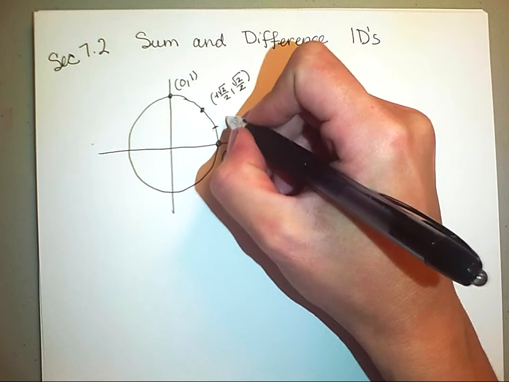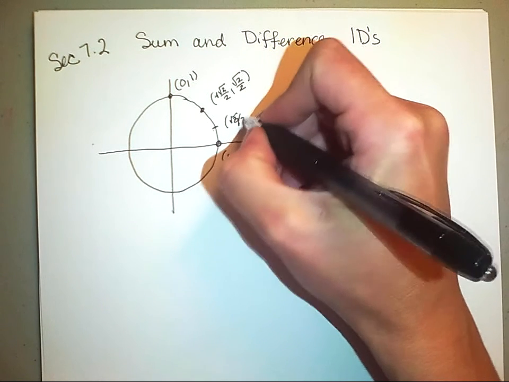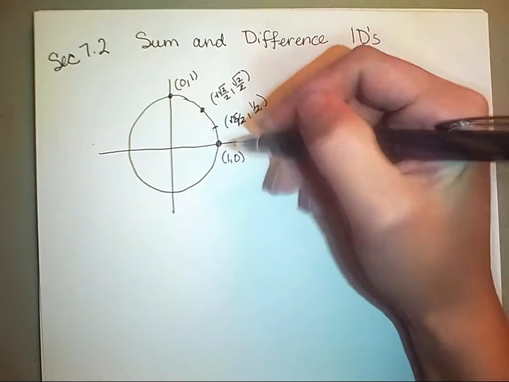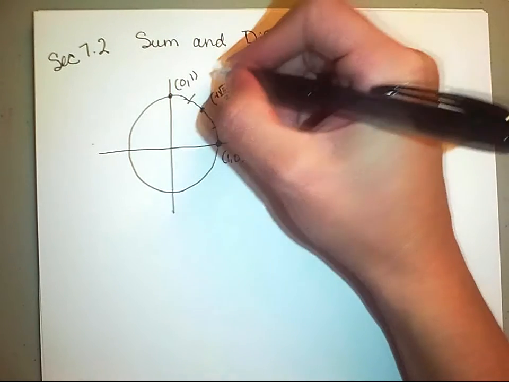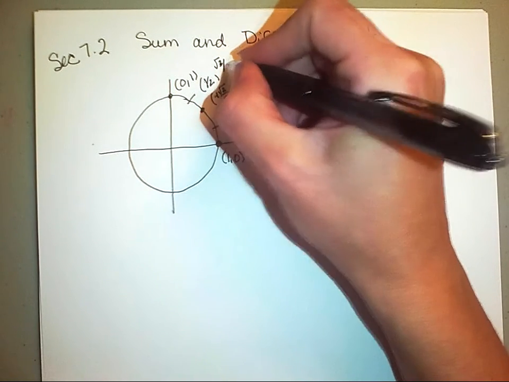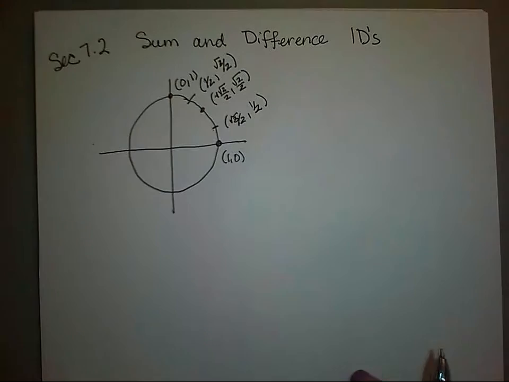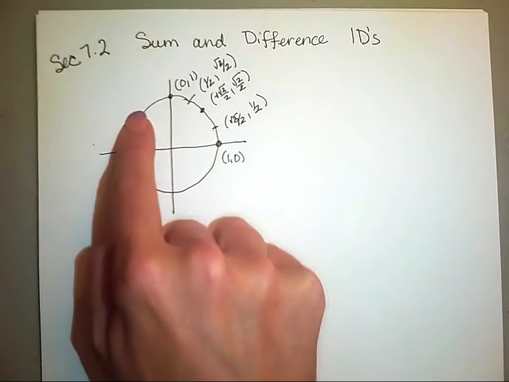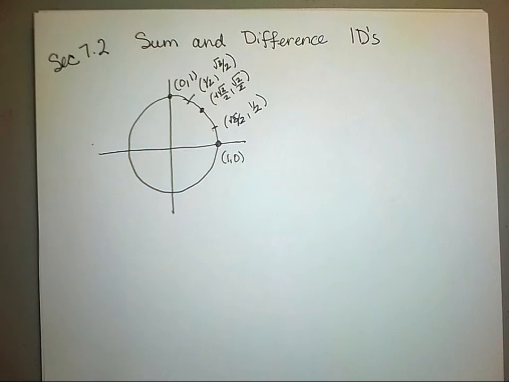We also have square roots of 3 over 2, 1/2 for the 30 degrees, and 1/2, square roots of 3 over 2 for the 60 degrees. And then these can just be translated to every quadrant. So these are the angles that are known on the unit circle.